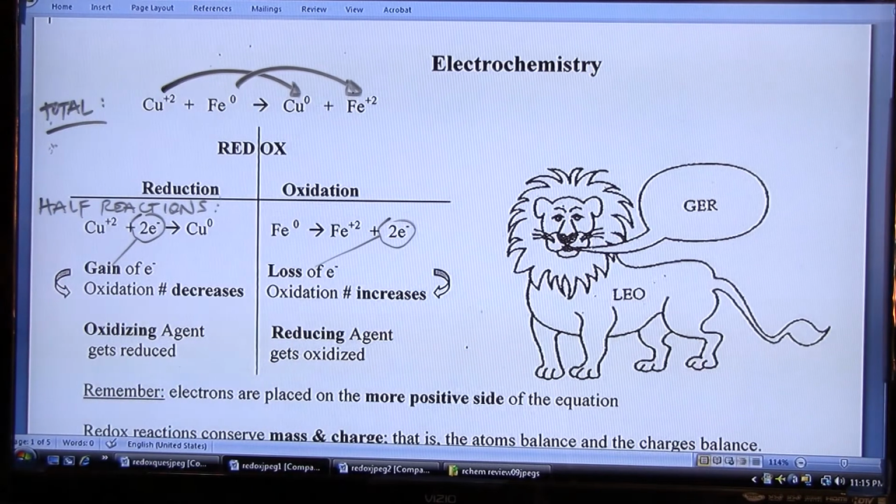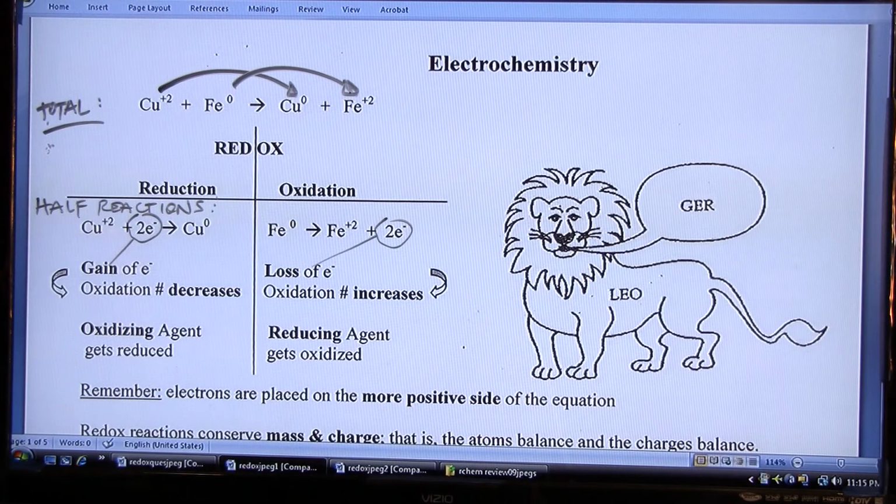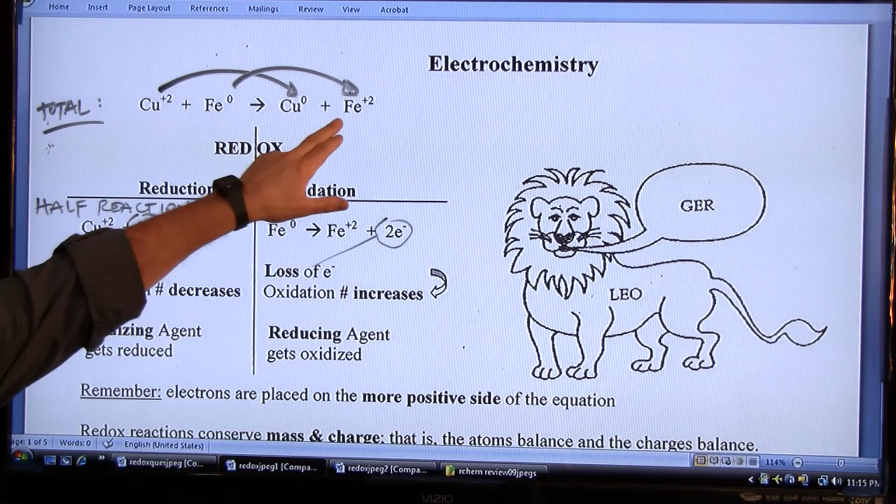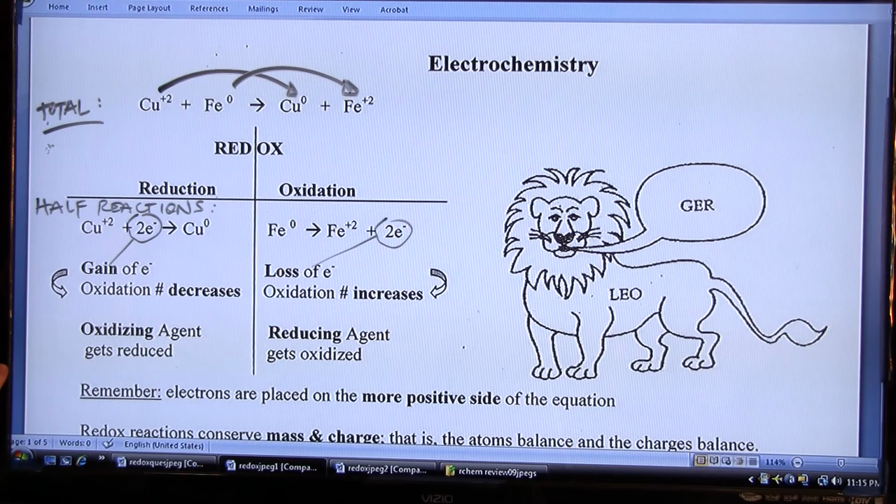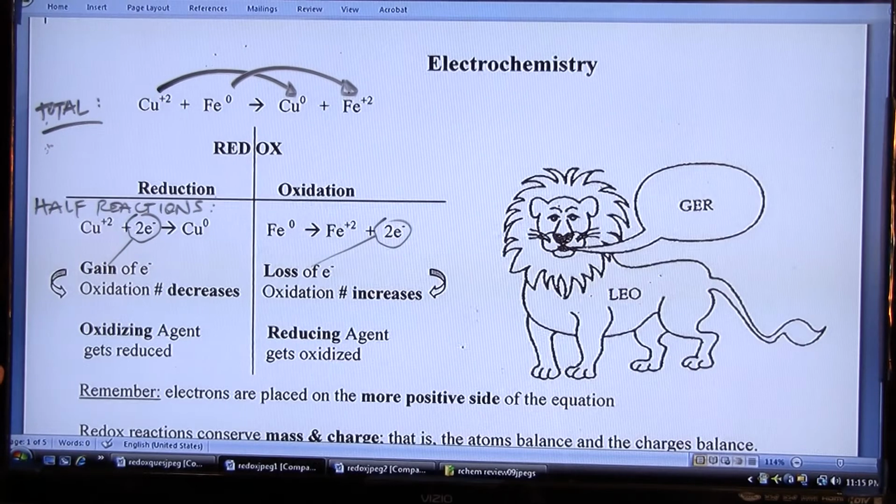So this is much like when we did kinetics, talking about heat that's absorbed and heat that's released. In this case, though, it's electrons that are gained and electrons that are lost. All right? So what you want to take note of also is, since there are no electrons in the total reaction, you want to see how the oxidation numbers change.